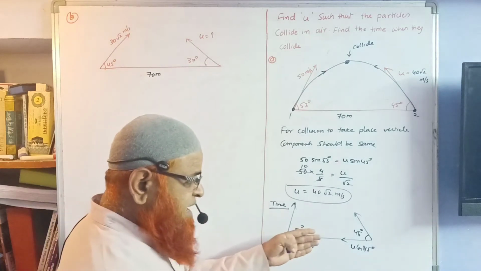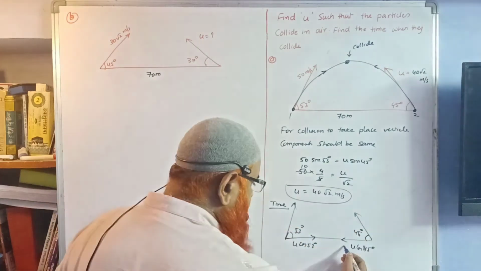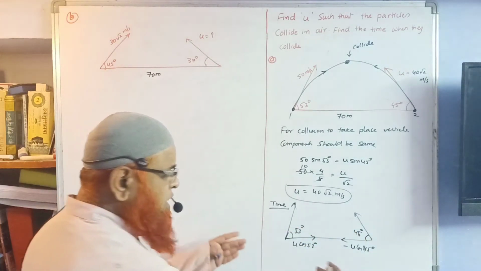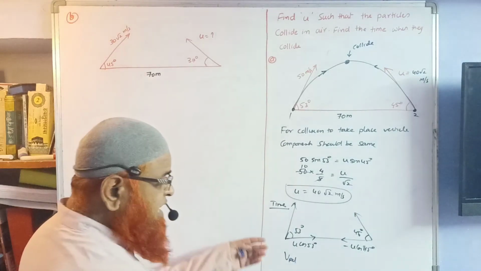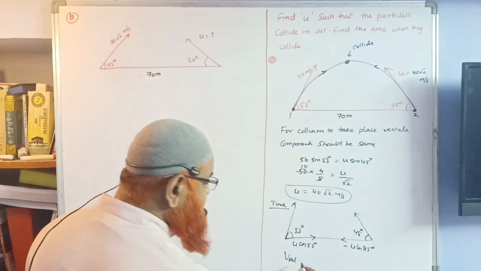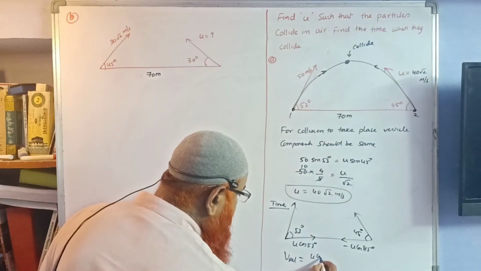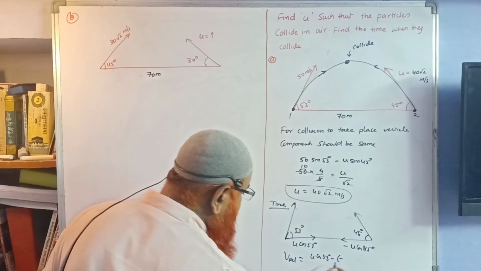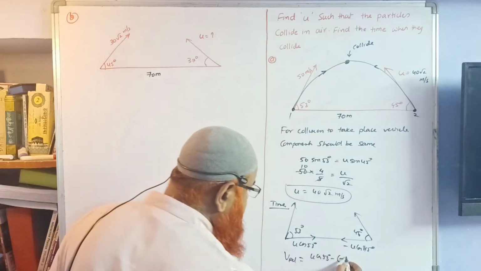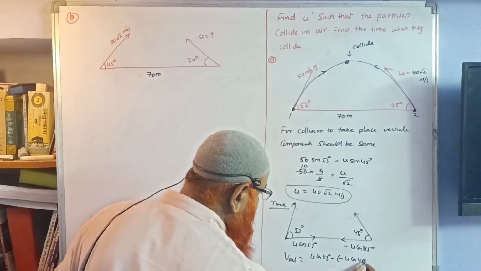This is moving in this direction and this is moving in the opposite direction, so we need to add them. So what is the relative velocity here? The relative velocity of both particles is 50 cos 53 degrees minus of minus u cos 45 degrees.